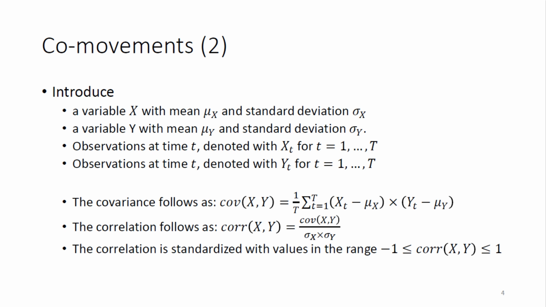Any value between 0 and 1, there is to some extent a linear relationship, which is positive. Any value between 0 and -1, there is to some extent a negative linear relationship between the two variables. So it's a nice way to get a general idea to what extent there is a linear relationship between two variables.